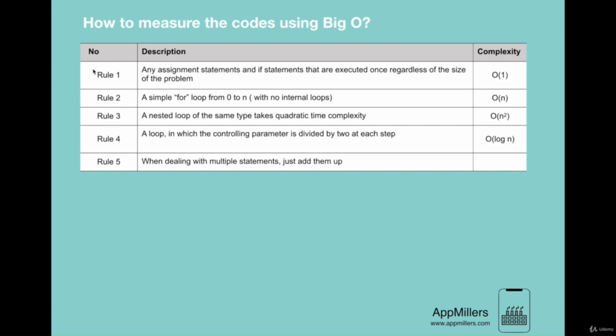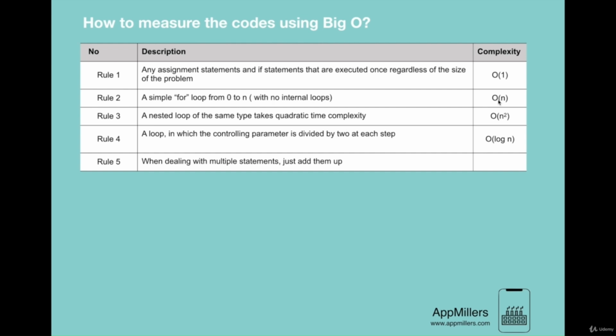In this list, the first rule is any assignment statements and if statements that are executed once regardless of size of the problem take complexity of 1. And the second rule says that a simple loop from 0 to n with no internal loops takes O(n) time complexity, which is linear time complexity.